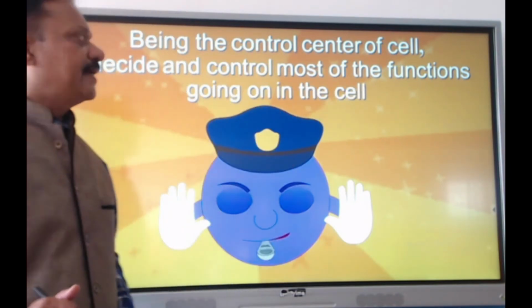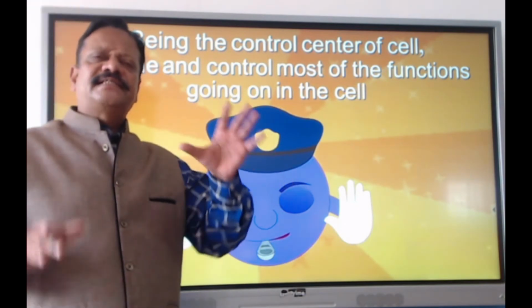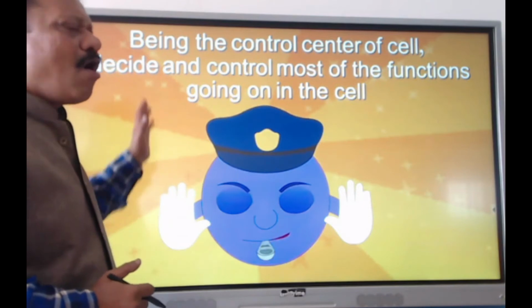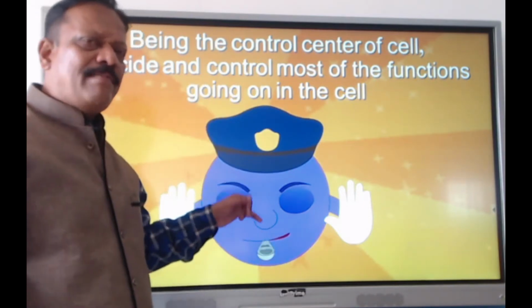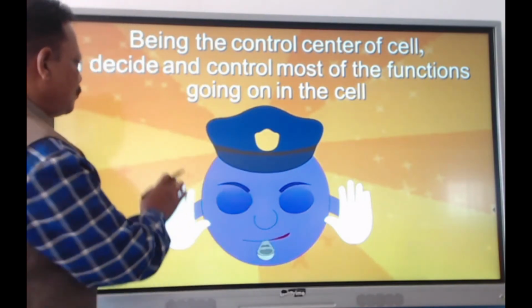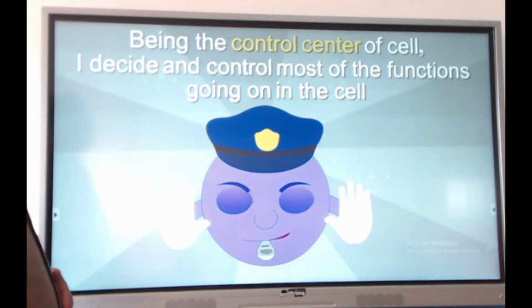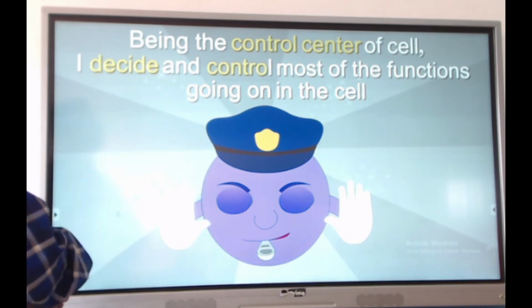So what is it indicating? The nucleus is the brain of the cell. It is the most important part of the cell, and all the activities take place by means of the nucleus itself. It is the control center of the cell.